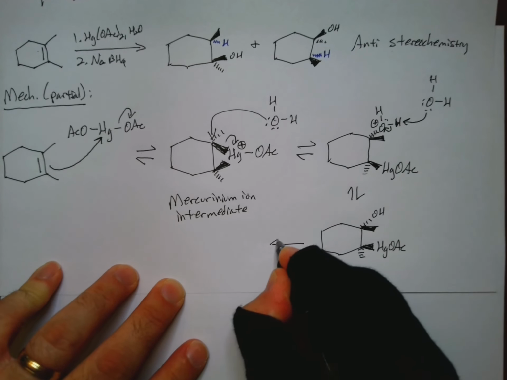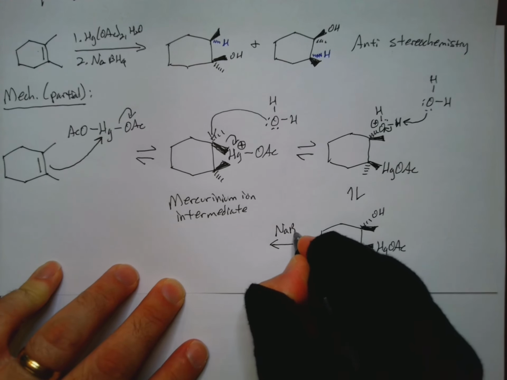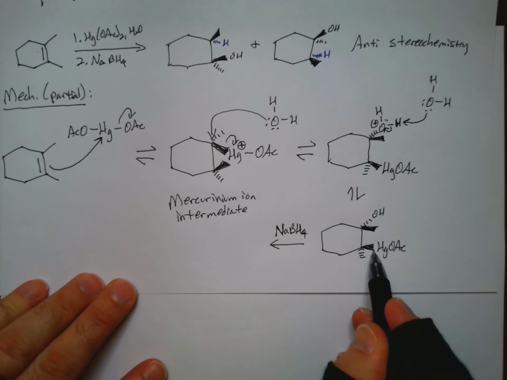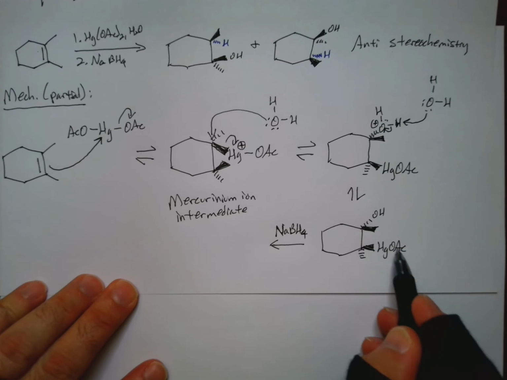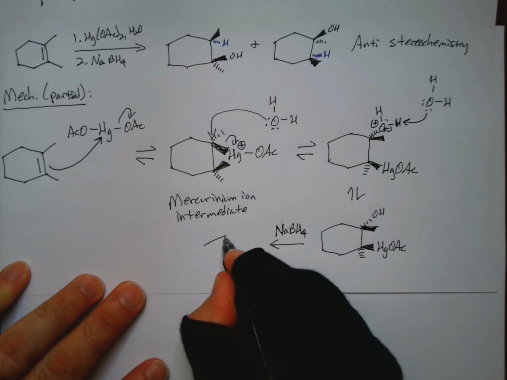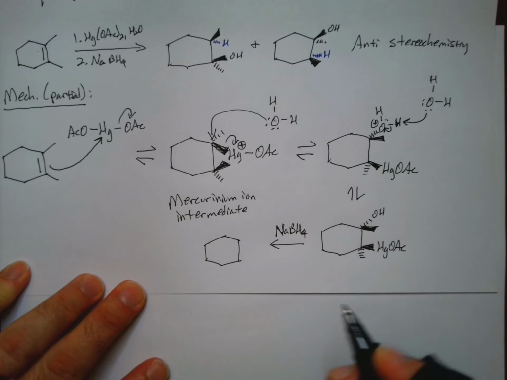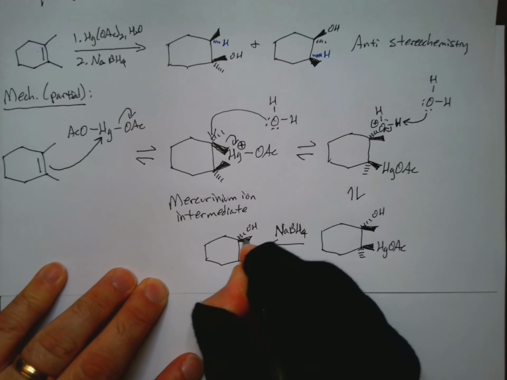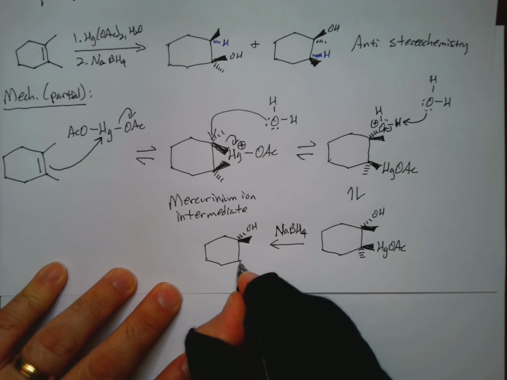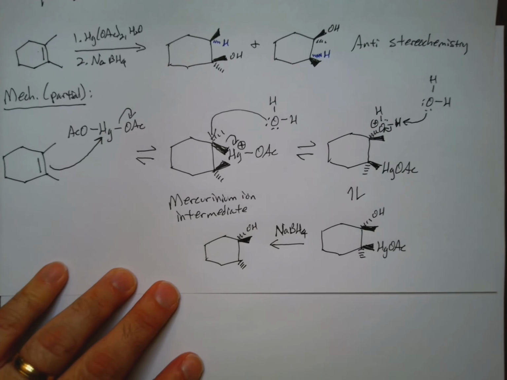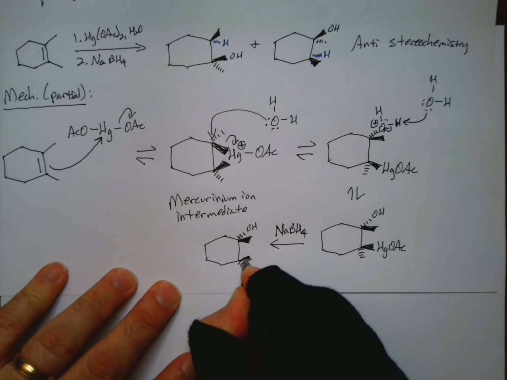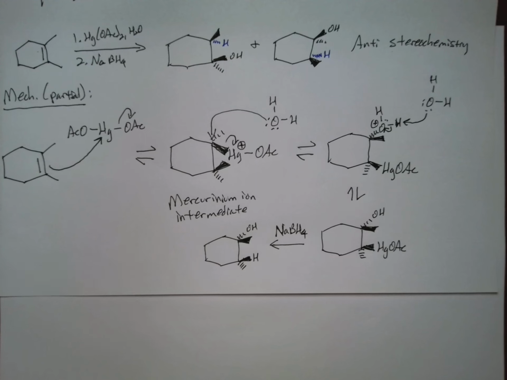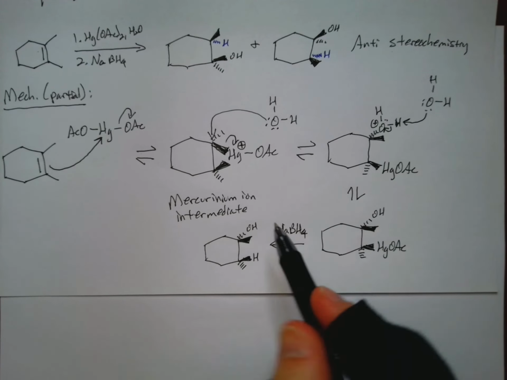And so adding the NaBH4, sodium borohydride, reduces, so it's going to have a hydride replace the HgOAc, and we will end up with OH, and that guy's up like that, and then the other guy is down like that, and we have a hydrogen that's replaced the HgOAc.